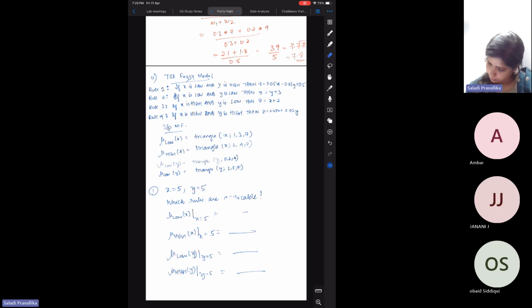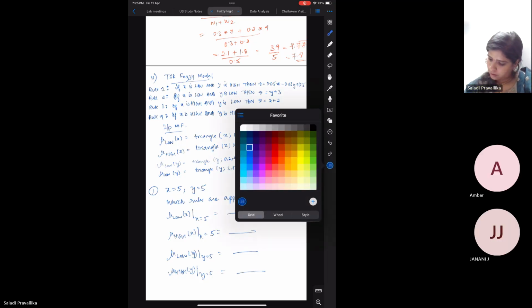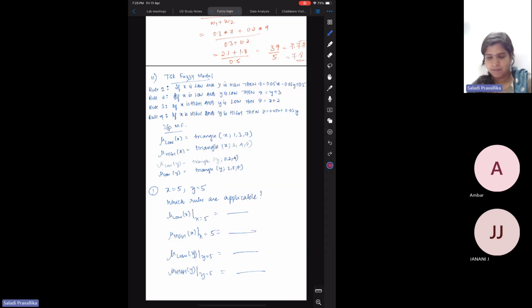Let's write it down while you save. Even I haven't cross-checked, so I'm just going with whatever Amber is answering. Janani, you also please do. In case you get different values, just let me know, and then I'll also do it. So this is 0.5. X high is 0.75. Y low is 0 and Y high is 1. Thank you so much, Amber.